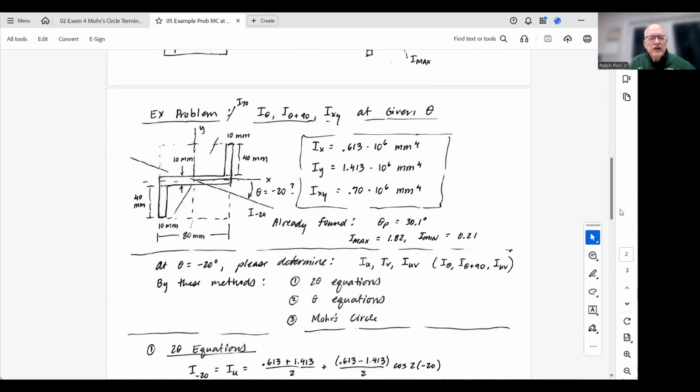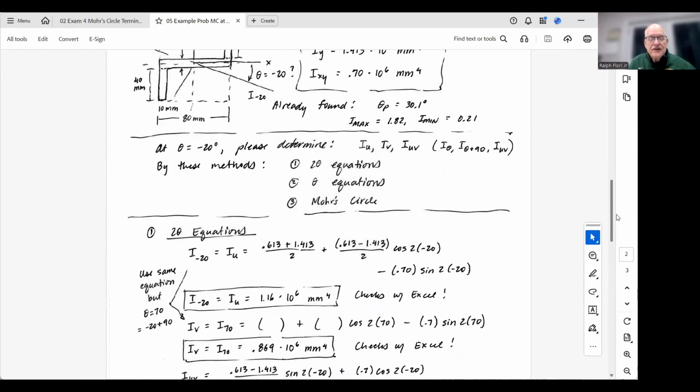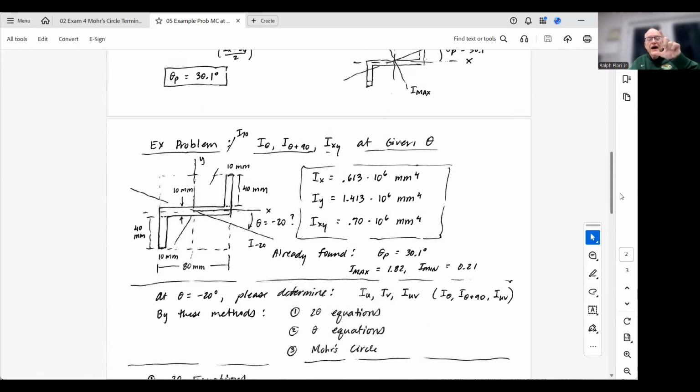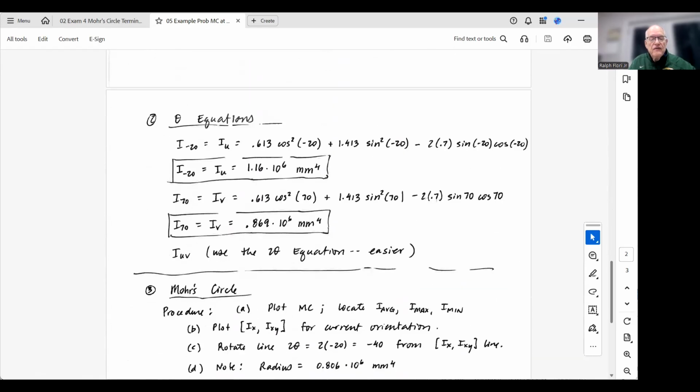And then finally, on this part of the problem, we looked for an arbitrary set of rotated axes. This is like IU and IV, but you could call this IP and IQ, IR and IS. So those are three different axis systems. They're all at right angles to one another, and they're all at different orientations on the circle.